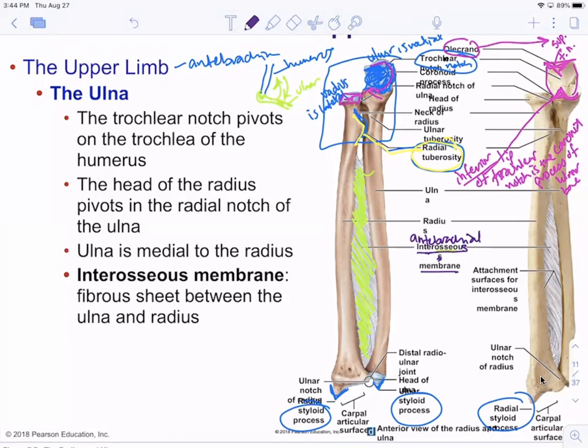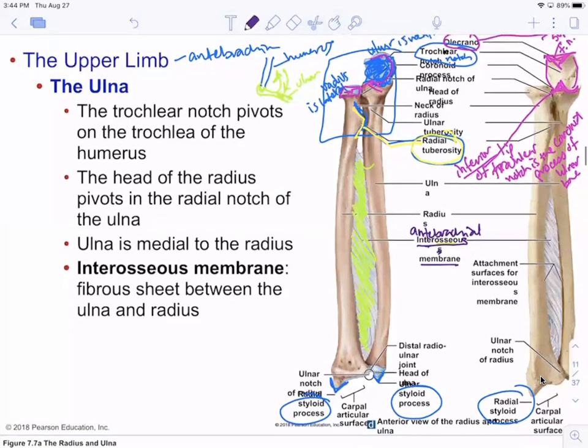There is a crural interosseous membrane, and crural, or the crus area, is your shin. That is the membrane between the tibia and the fibula. So that's why we say antebrachial interosseous membrane, and then we have a crural interosseous membrane we'll talk about a little later. The radius just has the head, there's a neck, there's the radial tuberosity, and then there's the styloid process at the distal end.